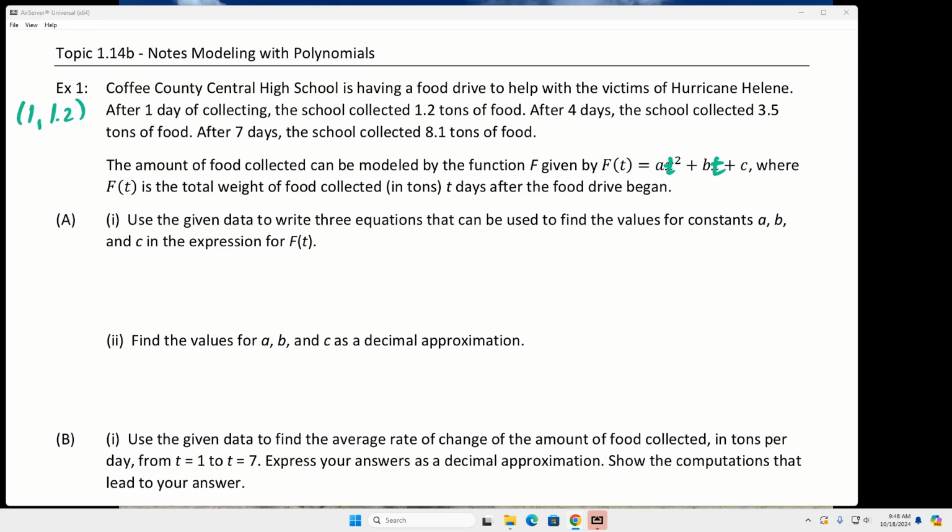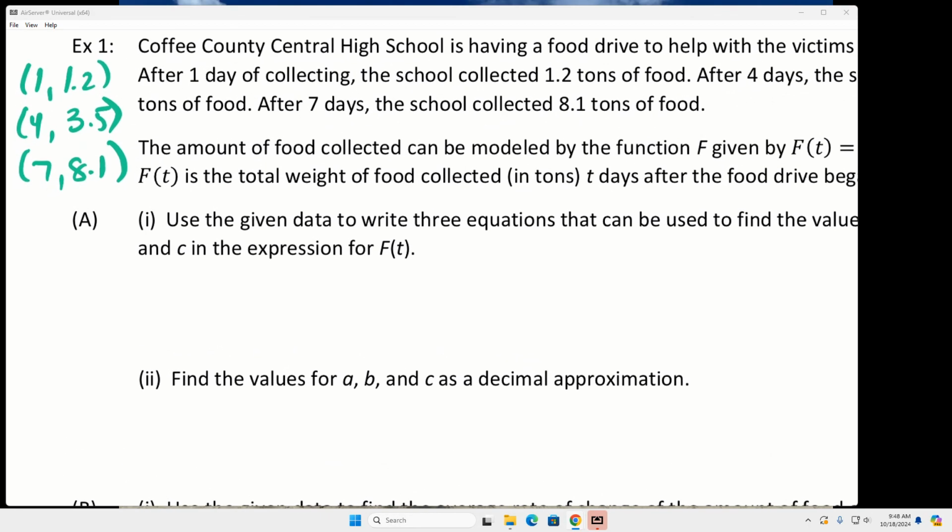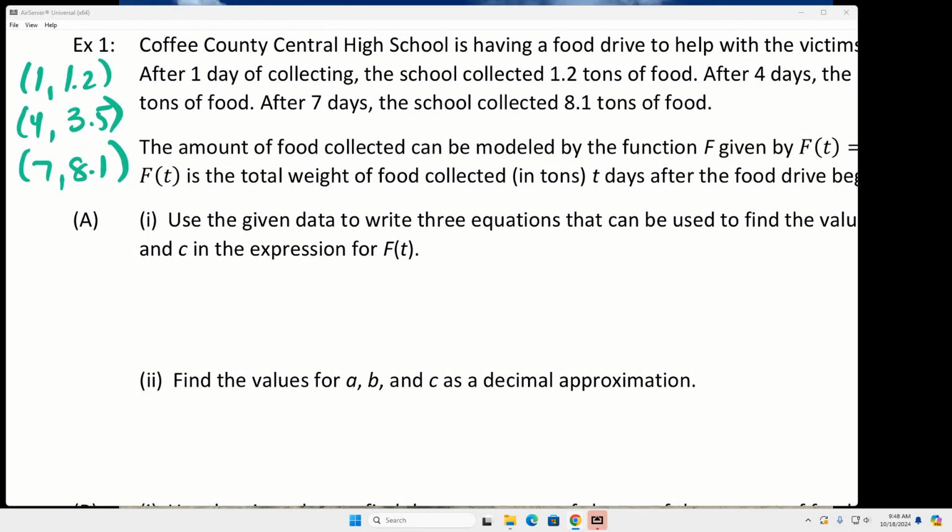So that's going to be 1.2. And then day 4, the school had collected 3.5. And then 7, 8.1. You do not get points for that, but it's going to make it easier to do our regression equation when you have it organized instead of just all over the place. And it'll help make it easier for you to do part A.